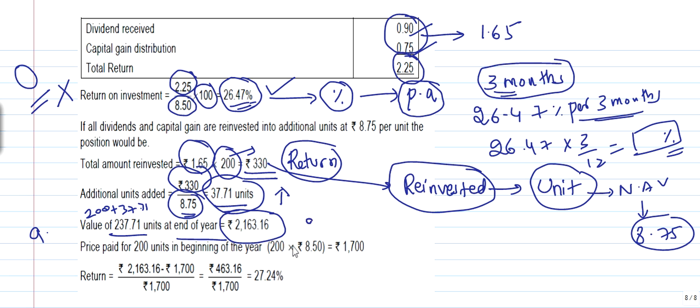So this is how it comes: 237.71 units into 9.10 closing NAV. Then price paid for 200 units in the beginning.